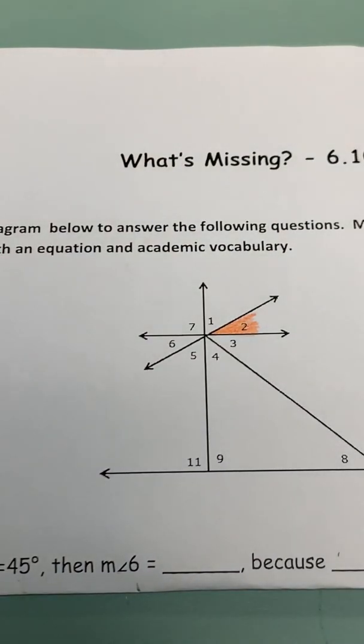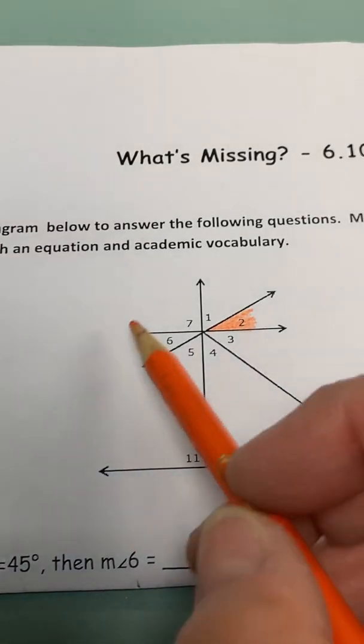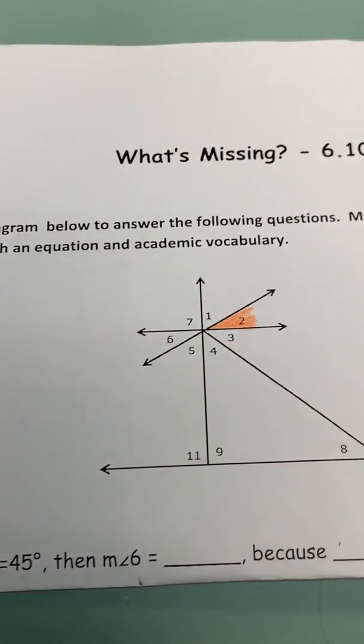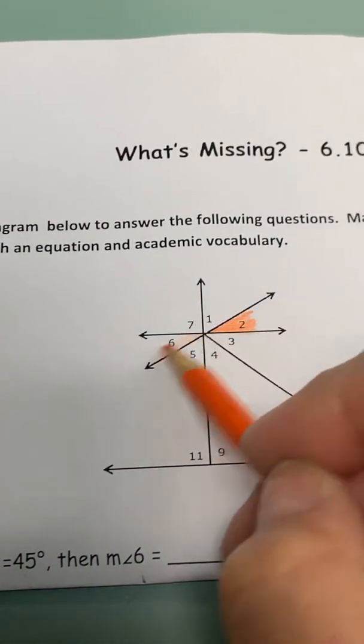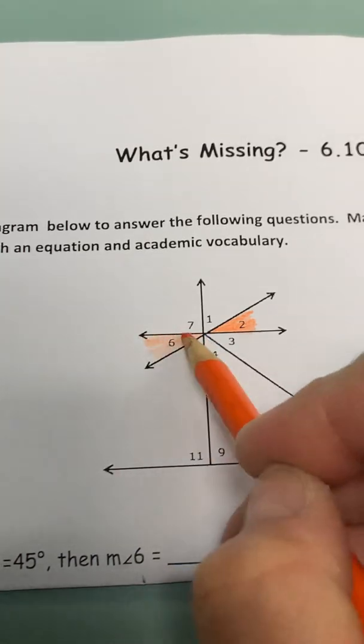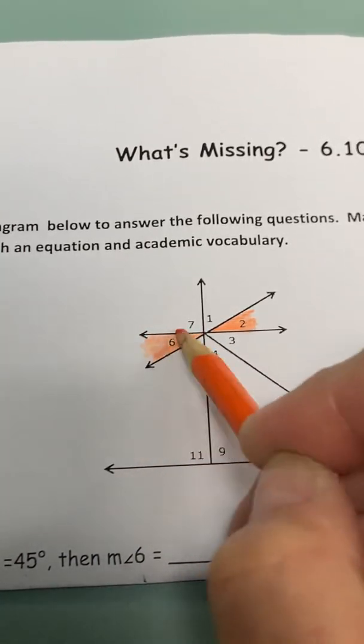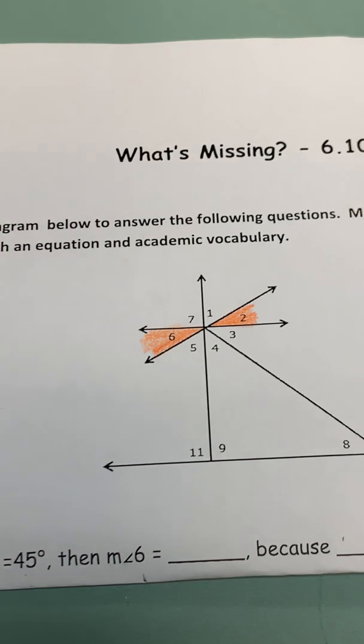Then we can look and tell that angle 2 and angle 6 appear to be the same. Now, if I were to fold my paper, they would completely line up on top of each other. So that means they are congruent.